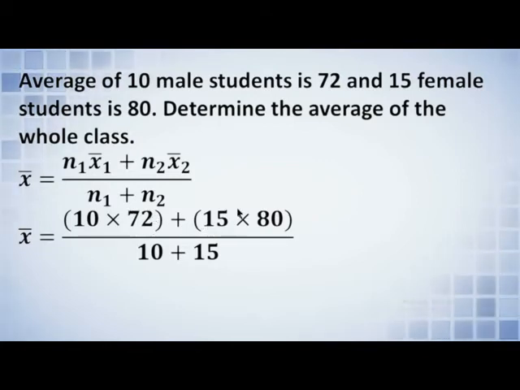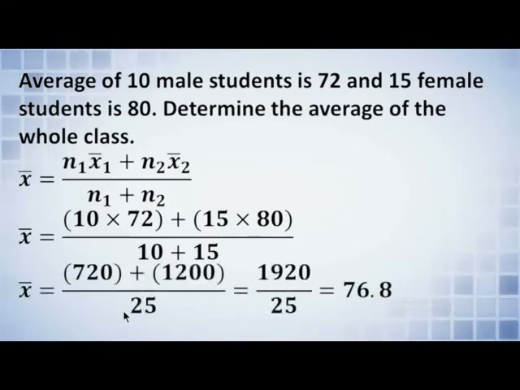The number of female students is 15 and the average of female students is 80. So x bar equals 10 times 72, which is 720, plus 15 times 80, which is 1200, divided by 10 plus 15, which equals 76.8. This is the combined average of the whole class.